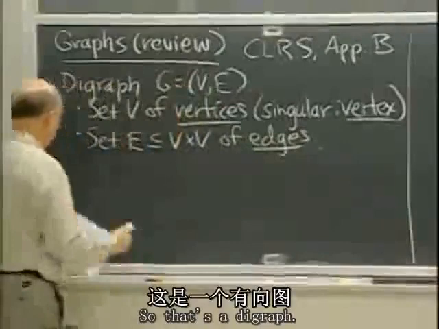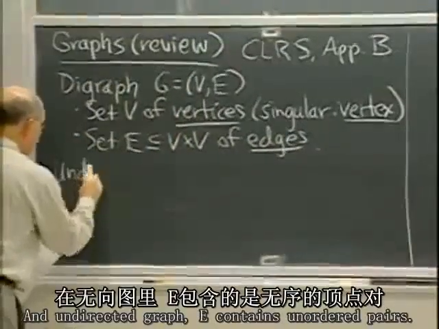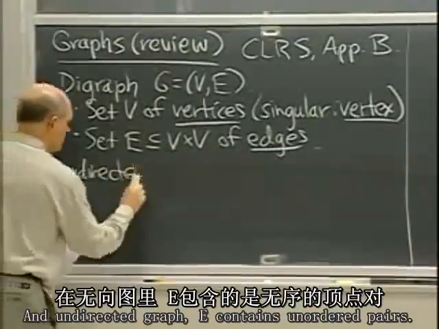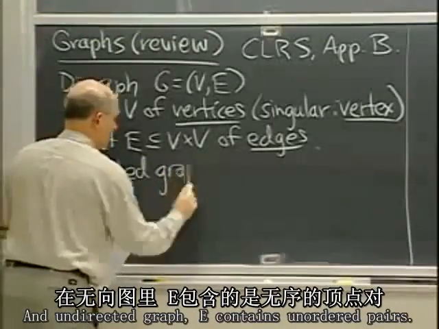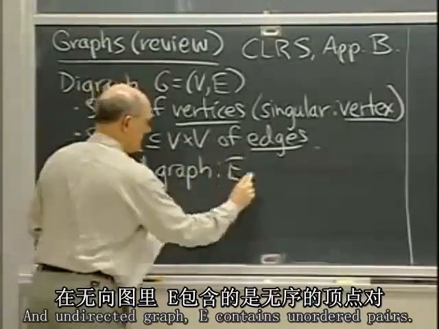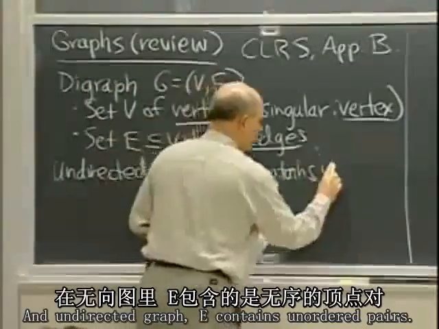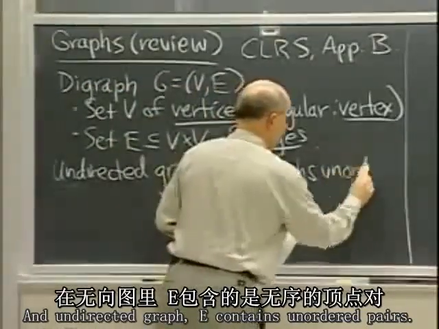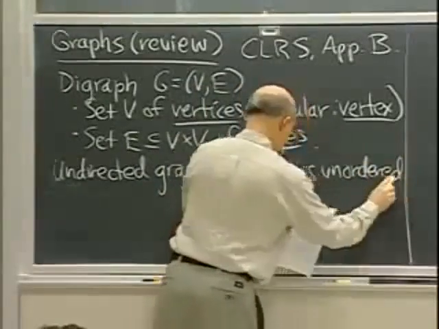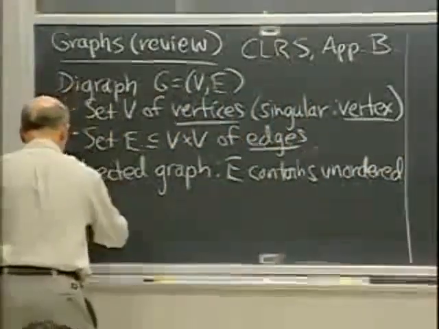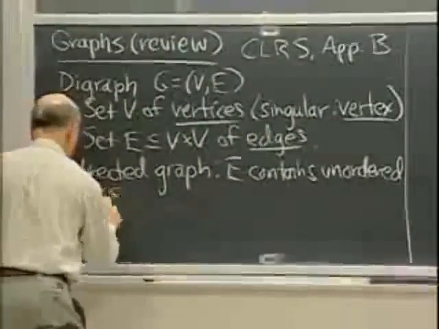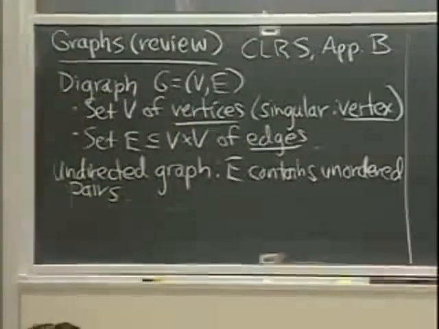So that's a digraph. In an undirected graph, E contains unordered pairs. Okay.